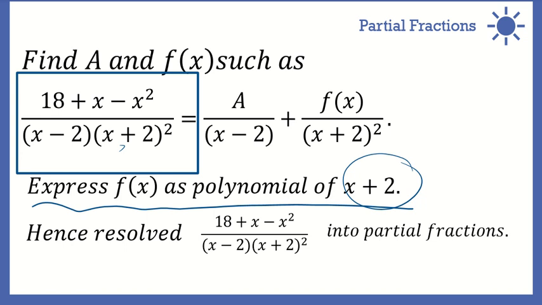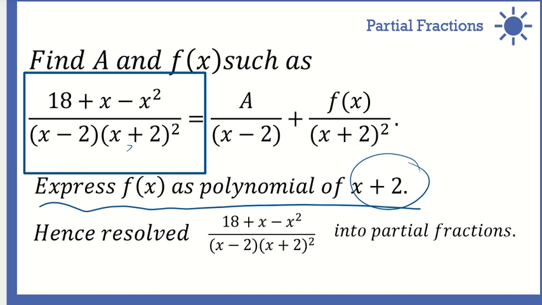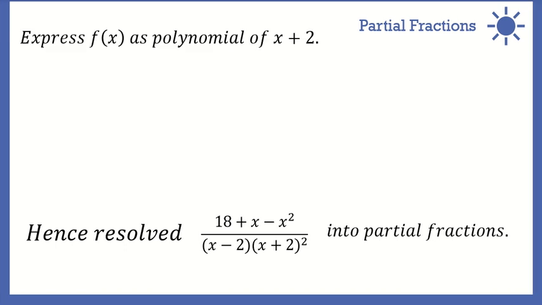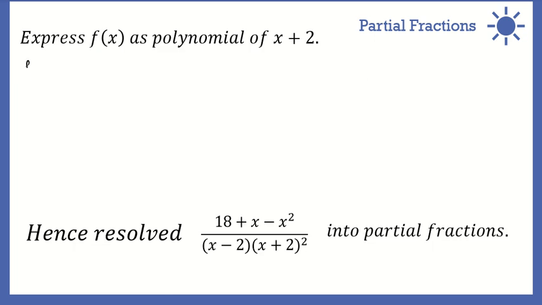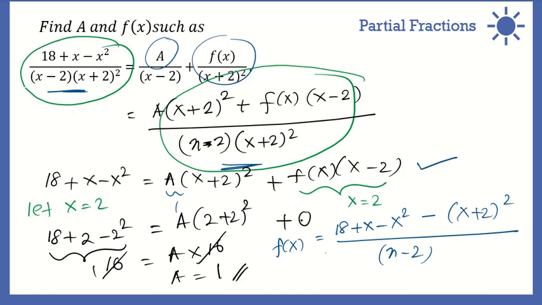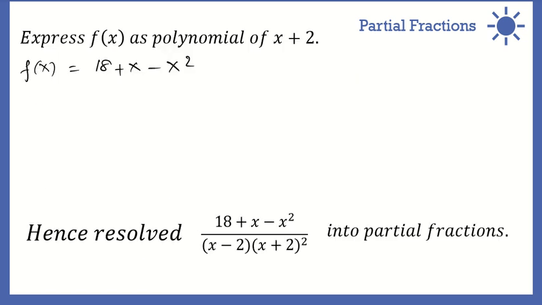So we have to copy f(x) from the previous part. So f(x) equals 18 plus x minus x squared over x minus 2, minus x plus 2 squared over x minus 2.